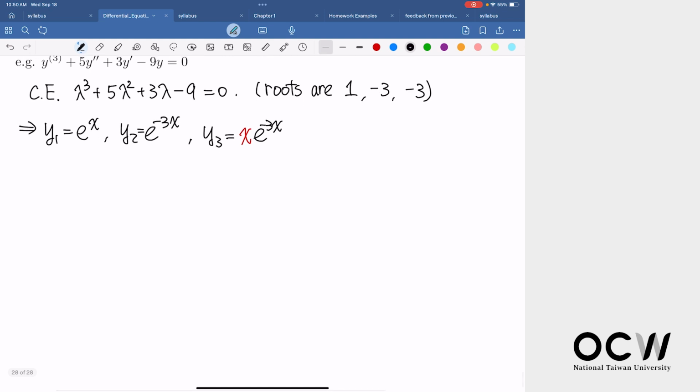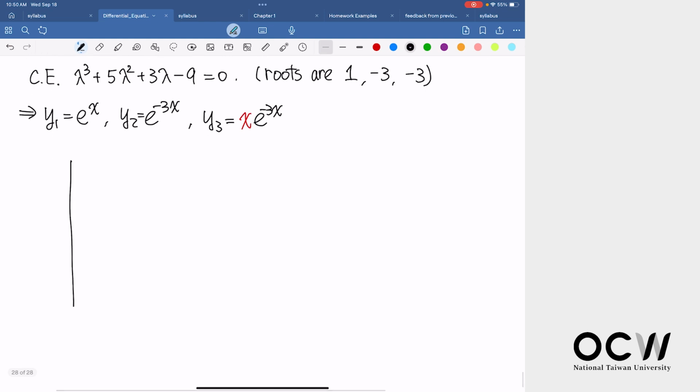So here we have e to the x, take the derivative e to the x, take the derivative again e to the x. This is y1, y1 prime, y1 double prime.